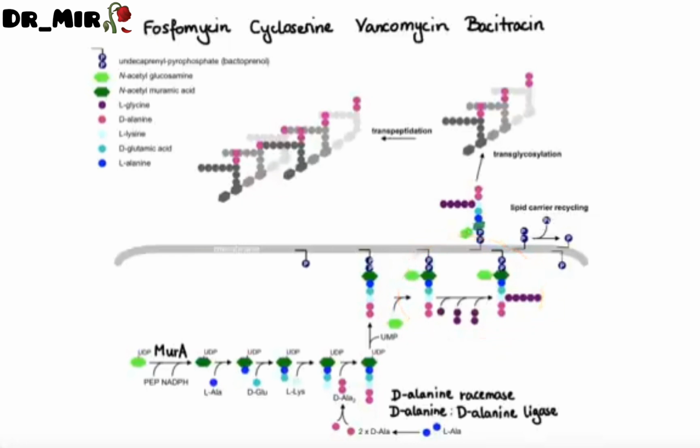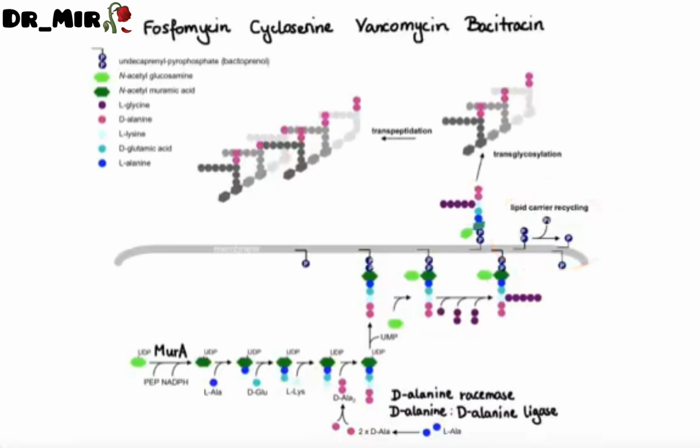Now, once this cell wall building block is transported across the inner membrane, penicillin-binding proteins catalyze the final step of polymerization of N-acetylmuramic acid and N-acetylglucosamine complexes via transglycosylation and cross-linking of chains via transpeptidation. Also, at the very end, the bactoprenol lipid carrier gets dephosphorylated, which enables it to perform another round of transfer.